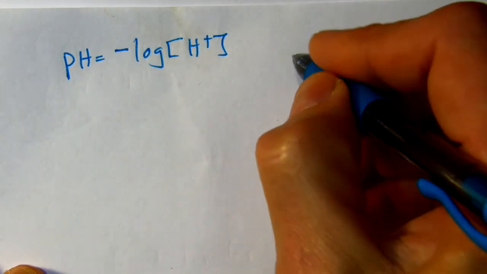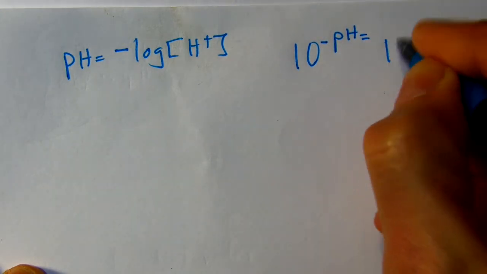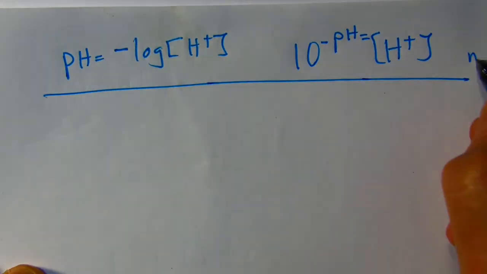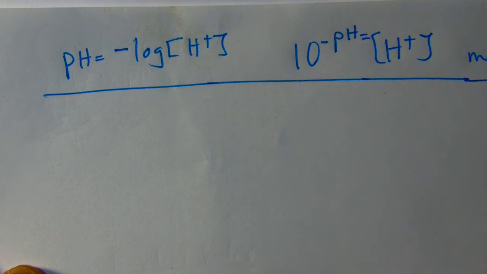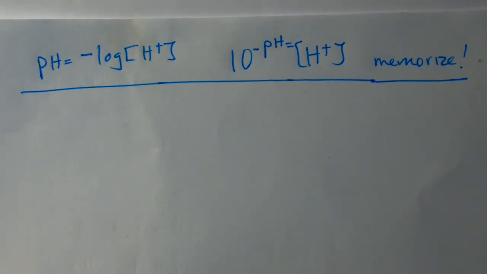I can reverse this and say 10 to the negative pH equals my H plus concentration. Memorize these. You will certainly need these in AP Chemistry and any more chemistry you take. We're going to do 2 or 3 examples of each. I want you to be comfortable with it.